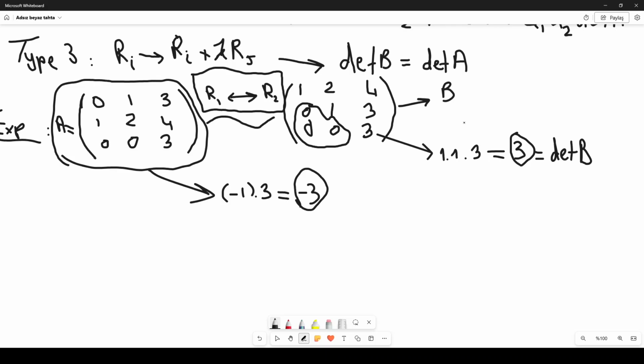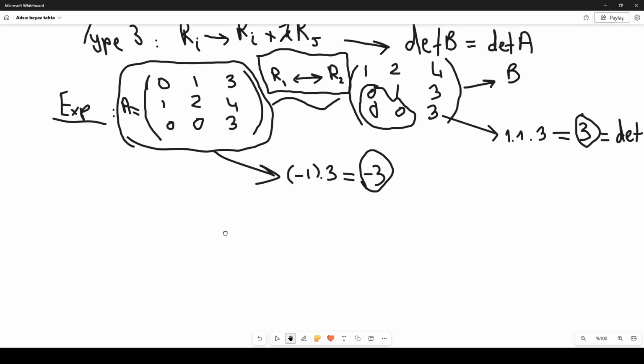But the computational effort that we put into this process would increase, right? So there is no need to do so. All right. Now, since I performed an operation like this, I need to take it into account.